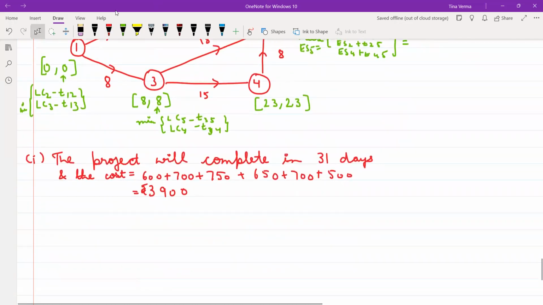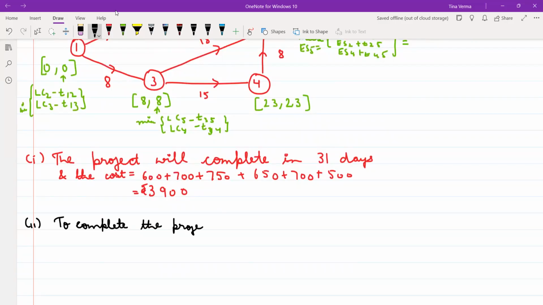द सेकेंड नाउ पार्ट कम्स दैट वी हैव टू कंप्लीट द प्रोजेक्ट. To complete the project in 28 days, what I have to do?